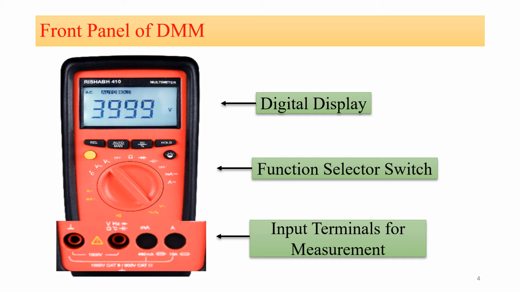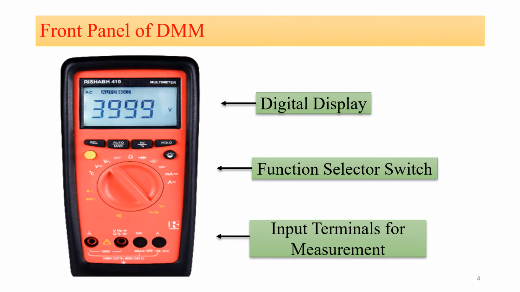If you are measuring voltage, either in millivolt or volt, then you can use the second section. Similarly, if you are measuring current in milliampere, then you can use the third section. And if you are measuring current in ampere, then you can use the last section.